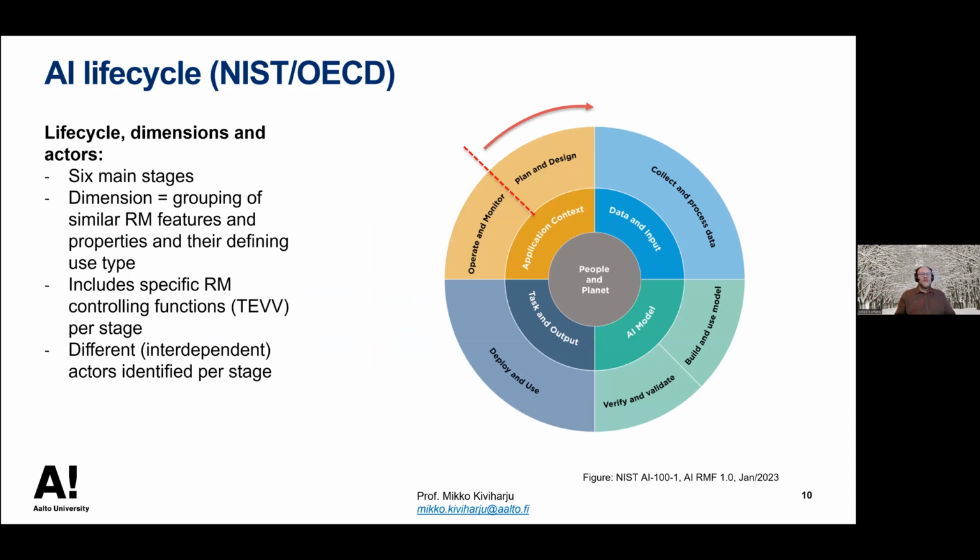This is the NIST AI lifecycle circle. Okay, I will return to the NIST standard structure later. However, NIST has this kind of a more modular approach. It's not a standard. It's a guideline, and it's more modular in the sense that the main document is kept stable. They try to update it, and there are other documents which are more detailed and are updated more frequently.